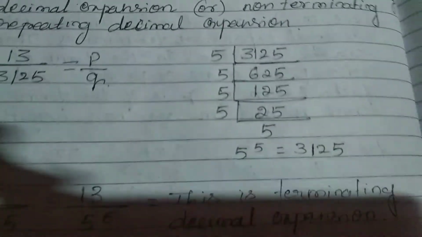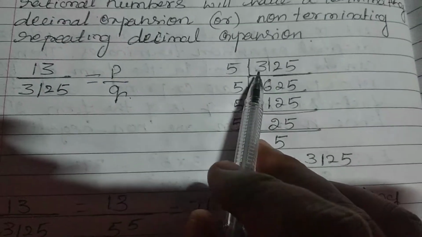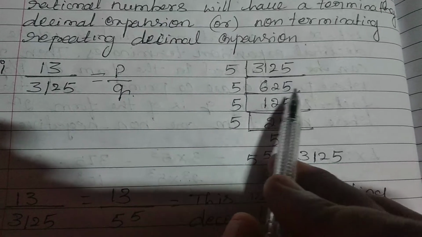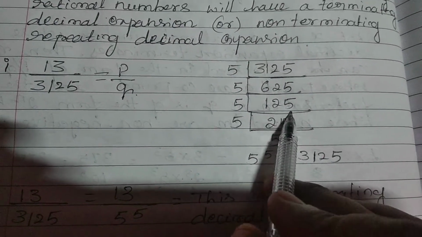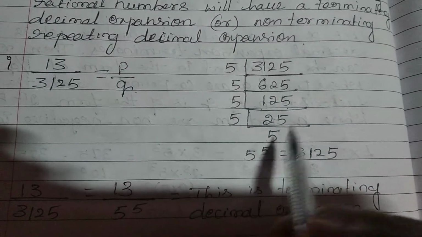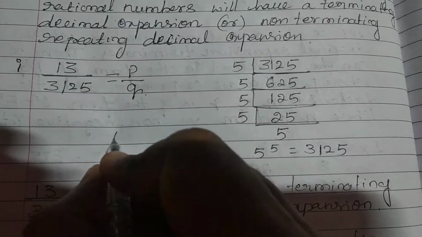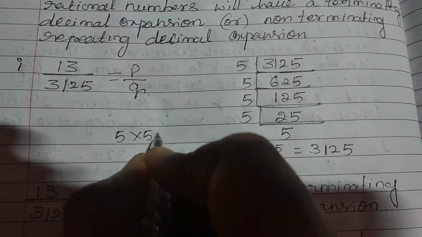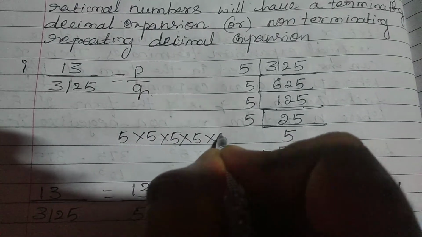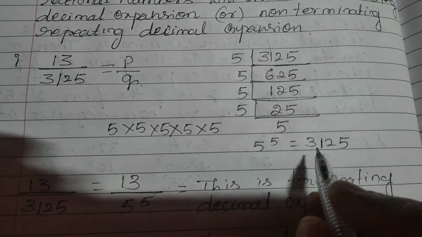Now let us take the prime factors of q. 3125: 5 is a factor of 625, 5 of 125, 5 of 25, 5 of 5. How many 5s are here? 5 to the power of 5. We can write 5 into 5 into 5 into 5 into 5. See how many 5s there are: 5 to the power of 5.